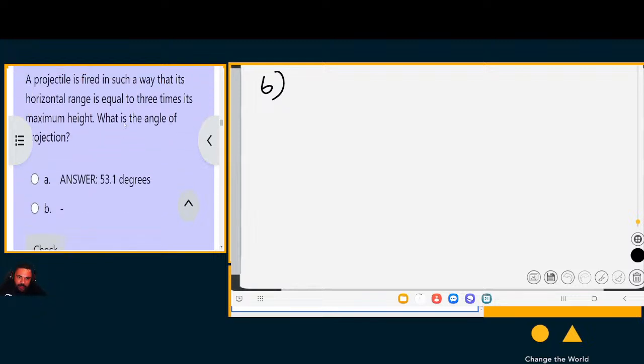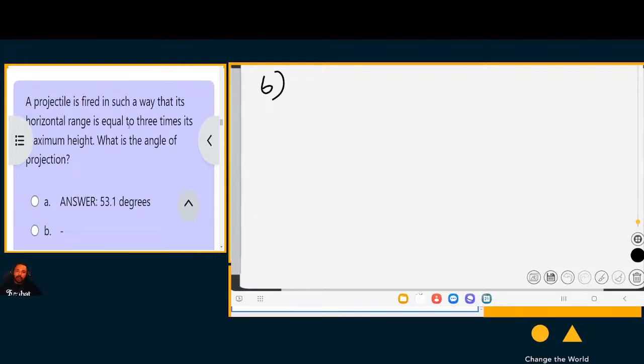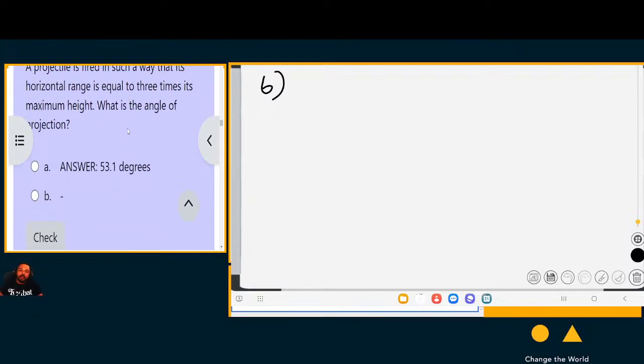Now, question number 6. A projectile, we don't care what it is, let's say a cannonball, is fired from a cannon.